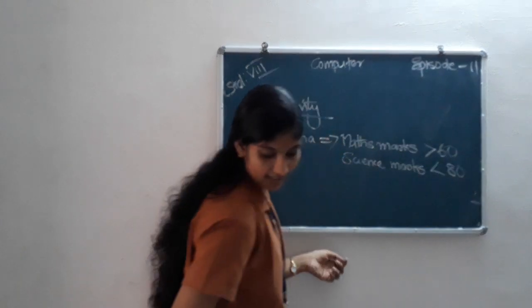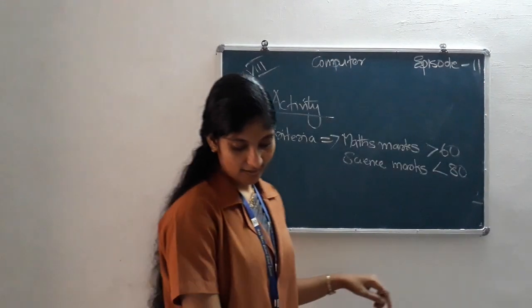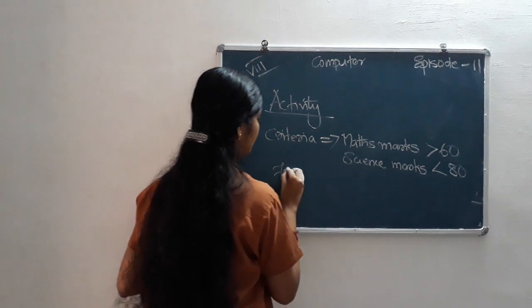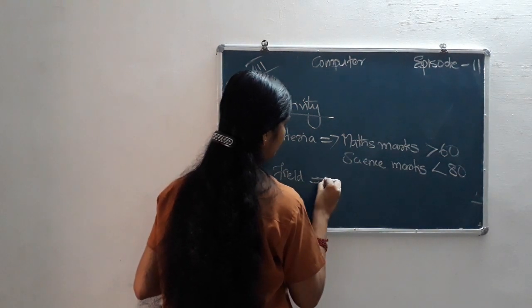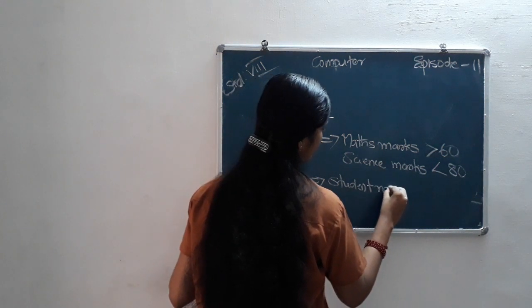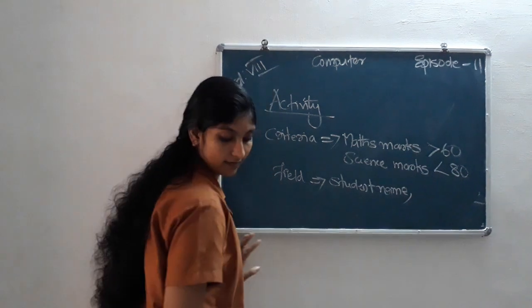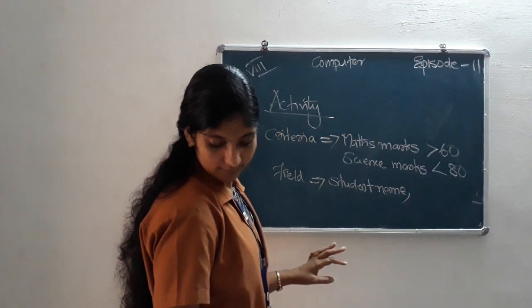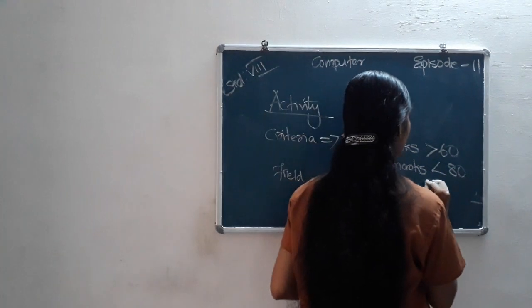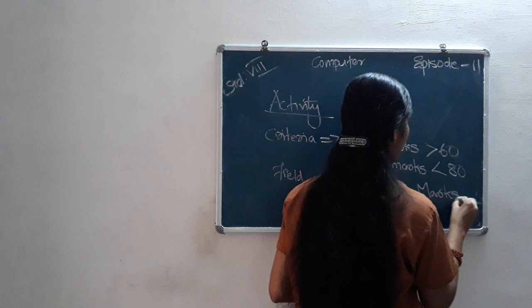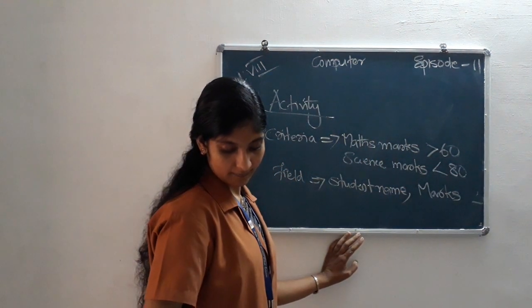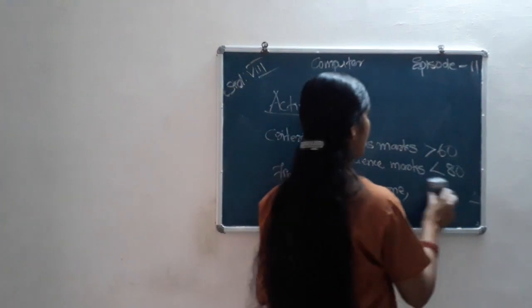That 80, less than 80 or greater than 80? Less than 80. So here the student field, student name, then marks, math and science.